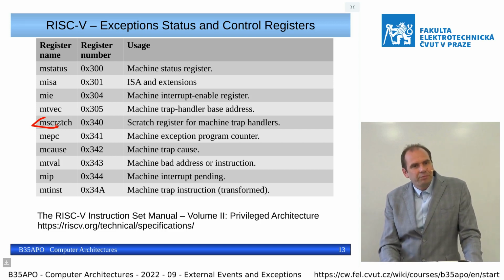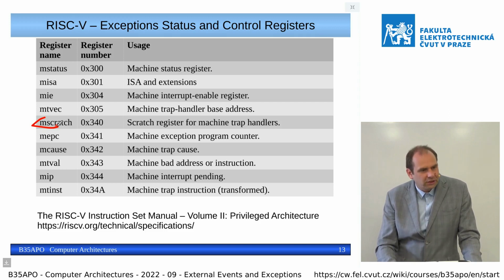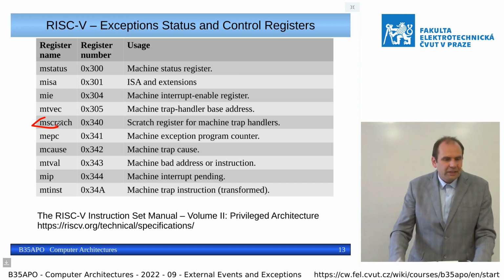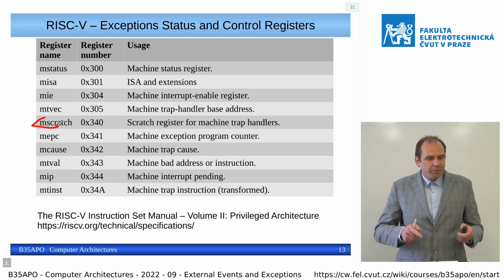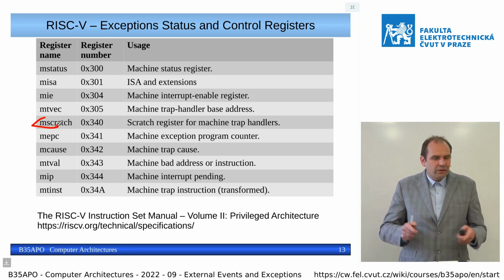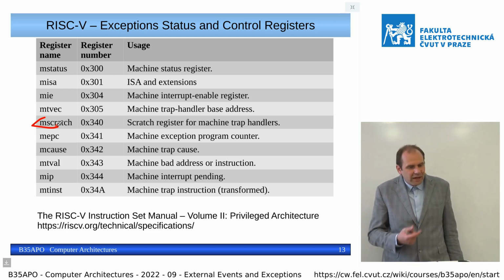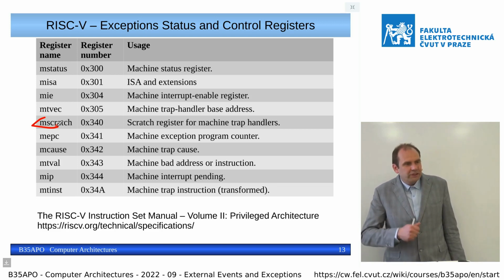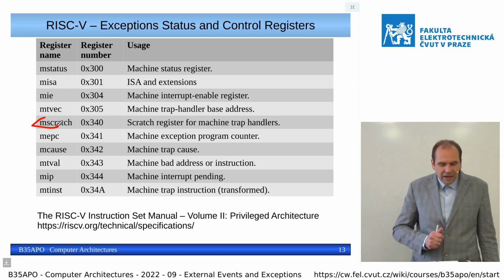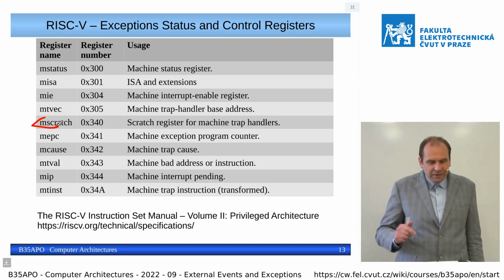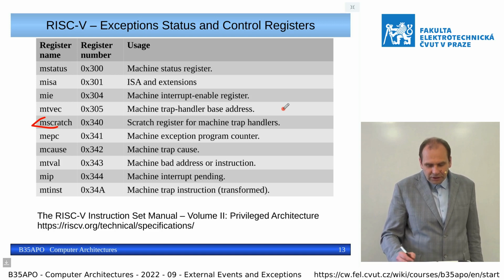But there is one problem: on the RISC load-store architecture, we can store data to memory only through the use of a general purpose register. But if we want to use a general purpose register to store the state of other general purpose registers, then we first need to rewrite one register, and we lose its value by rewriting it to store there the address where we want to store the rest of the registers.